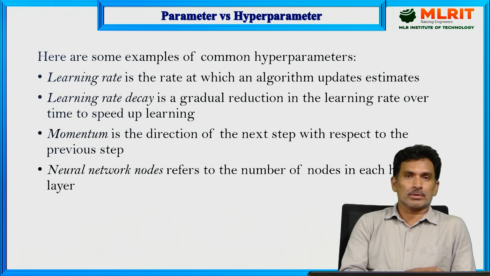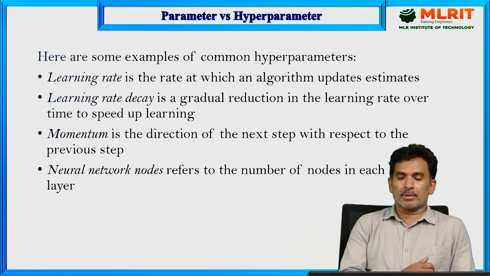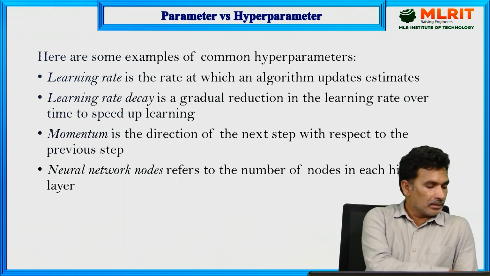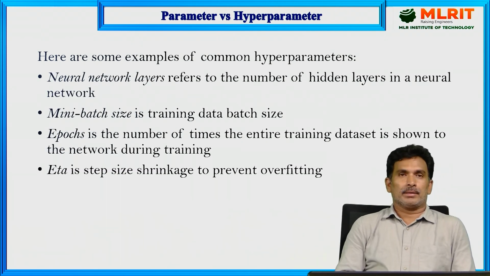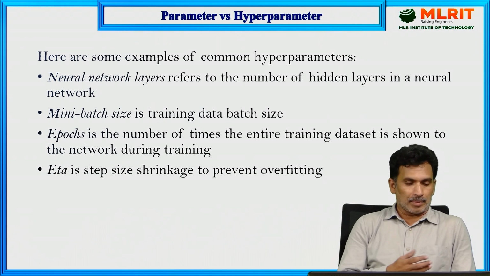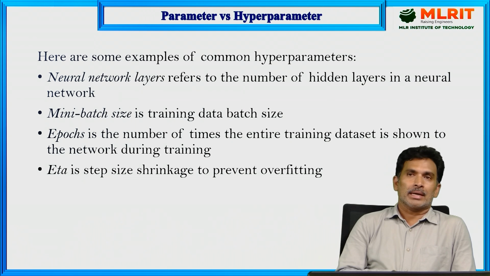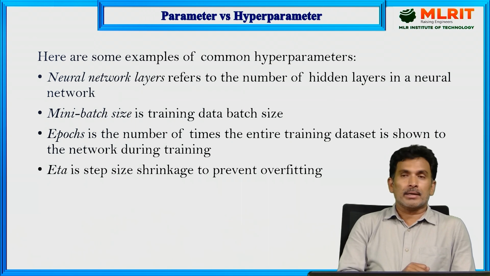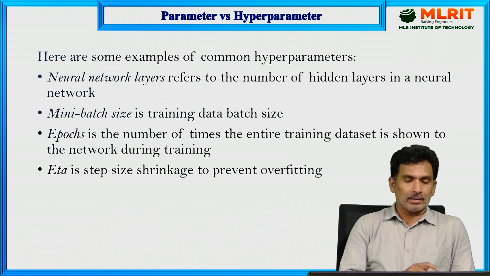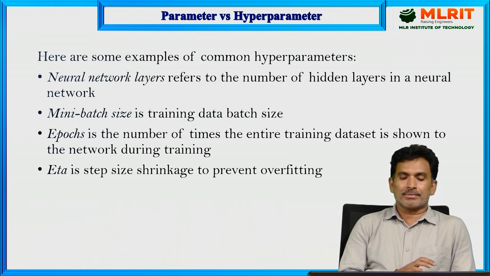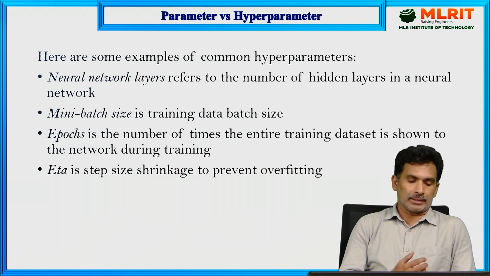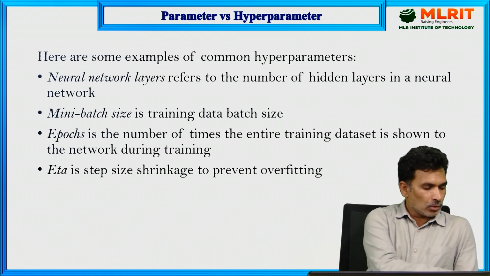The neural network nodes refer to the number of nodes in each hidden layer. Neural network layers refer to the number of hidden layers in the neural network. Then the mini batch size is the training batch size. Epochs is the number of times the entire training data set is shown to the network during training. And eta is a step size shrinkage to prevent overfitting.